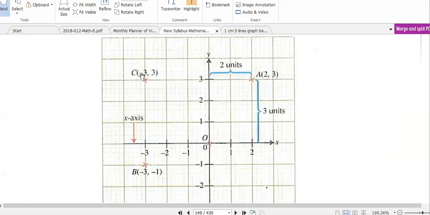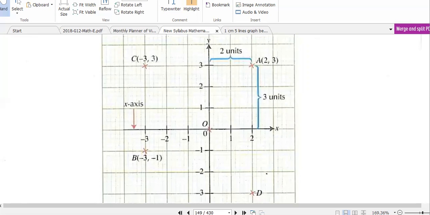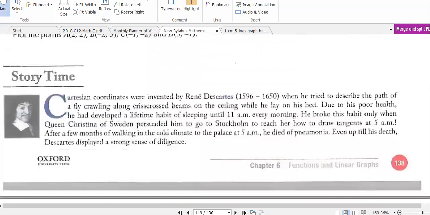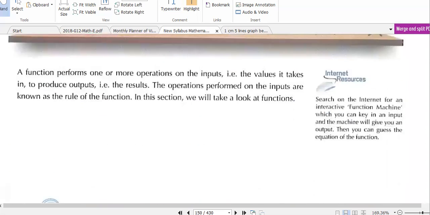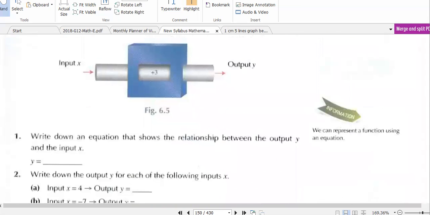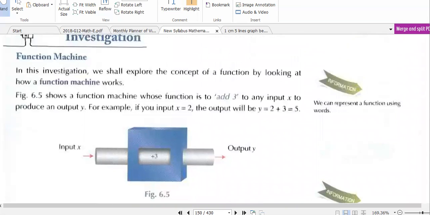Similarly for C, (-3, 3), minus 3 means 3 steps but in the negative x-axis, like -1, -2, -3, and 3 means y coordinate is positive, so 1, 2 and 3. So this is how we plot the points.